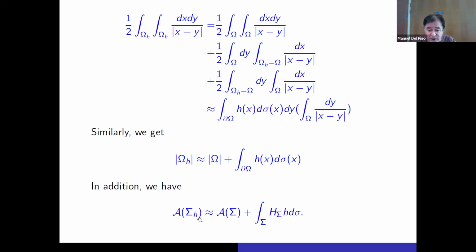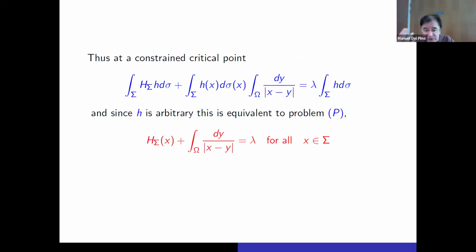This is a well-known computation, the connection between the mean curvature and the area of the perturbed object. The area of sigma h is equal to the area of sigma plus this linear term, the mean curvature H sigma times h, integrated. And there are also lower order terms, of course, quadratic, but I will not care about them for the moment. I am considering only the first variation.